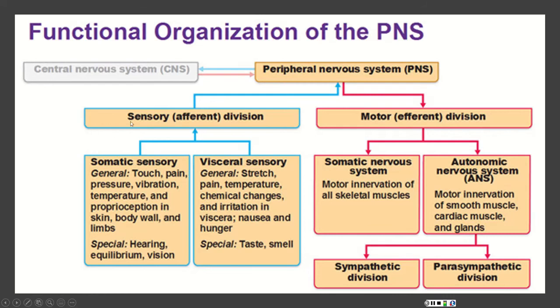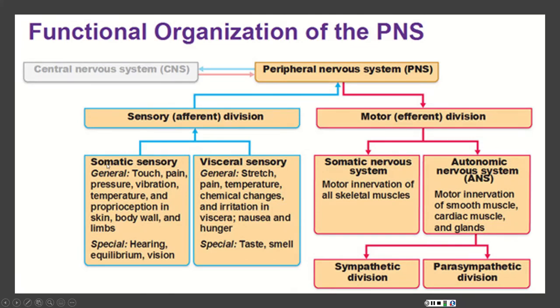So, let's first look at different branches of the sensory division. There are the somatic sensory neurons and the visceral sensory neurons.